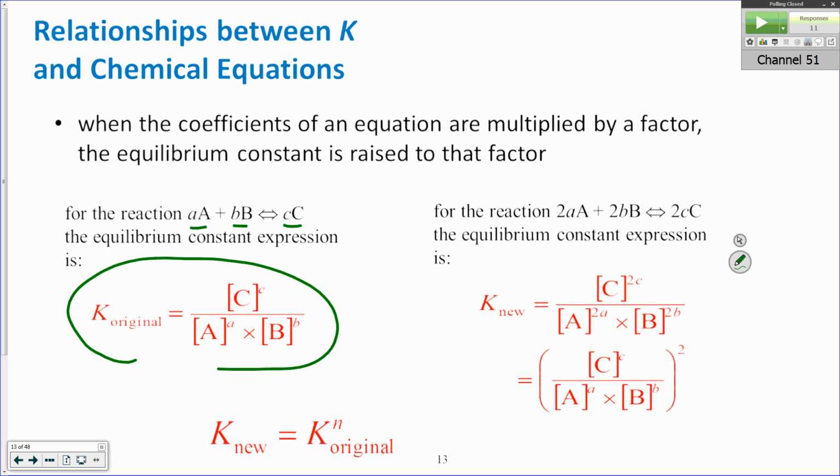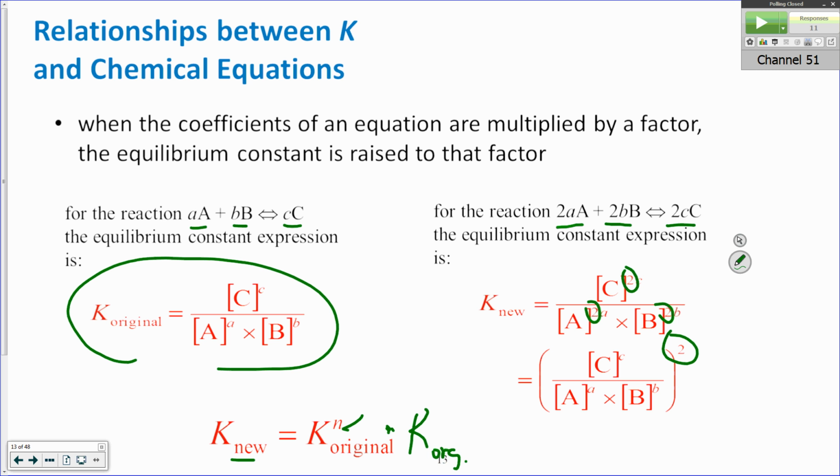And if I want to know what the equilibrium constant value is for the expression where two A's, two B's, two C's are formed, I would need to have an additional factor of these, and I can factor that 2 out. So the K new is K original times K original, or K original squared.